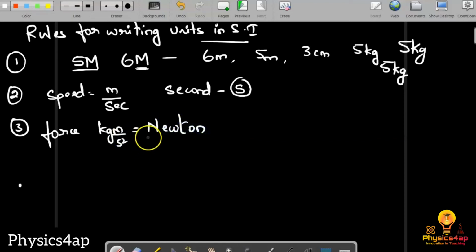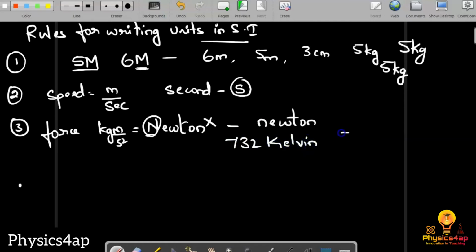But the mistake they make is writing capital N. That is wrong. We should write it as small n, newton. Okay, kelvin, like temperature, when you write 732 kelvin, capital K should not be written. It should be written as small k, kelvin. Okay, that's the third rule you need to remember.